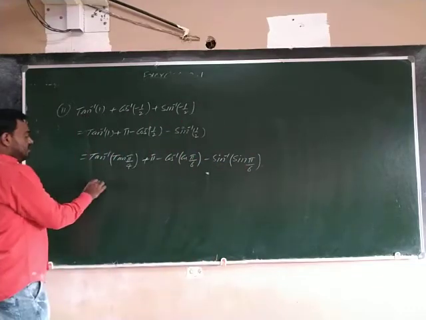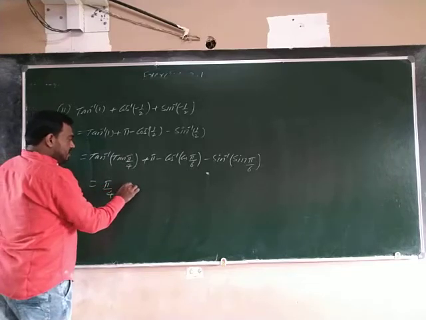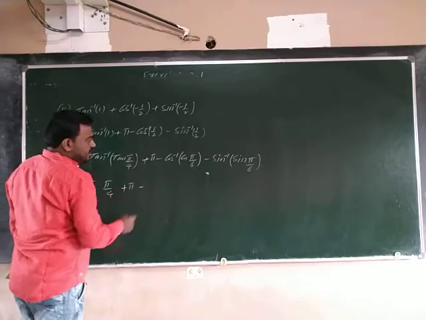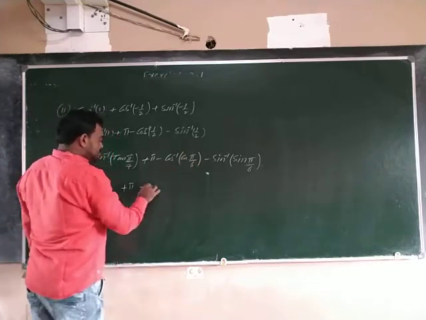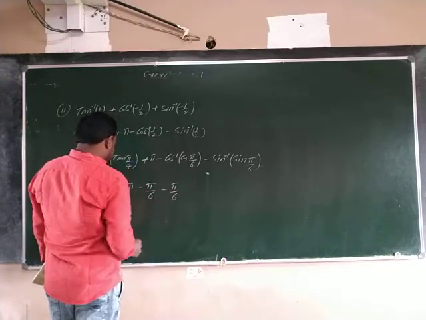Now what are we getting? Tan inverse of tan pi by 4 is pi by 4 plus pi minus cos inverse of cos pi by 6, pi by 6. Next minus pi by 6.